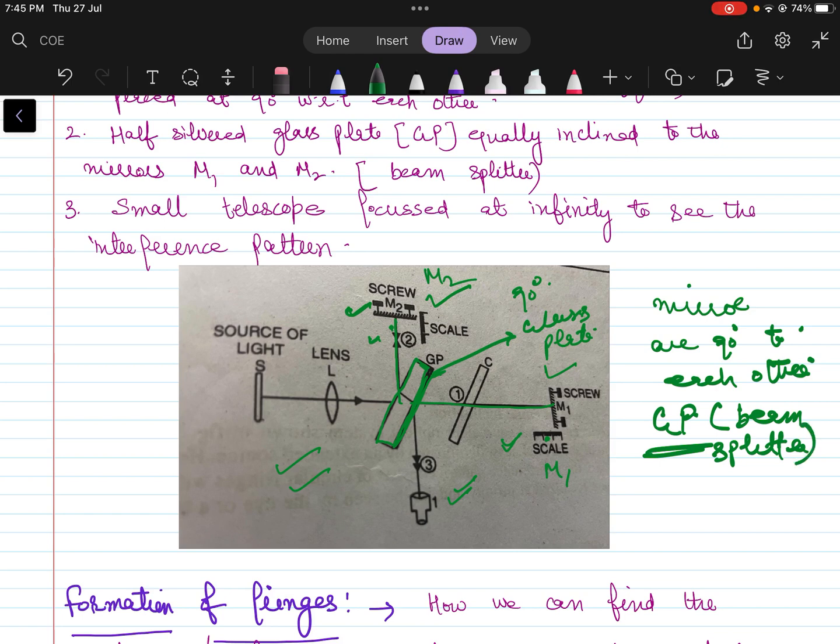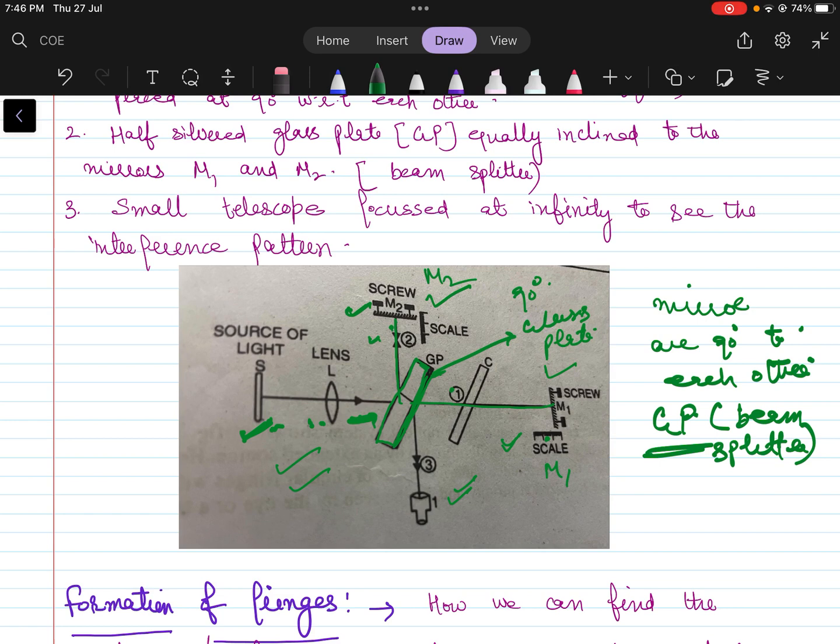The parallel beam of light obtained from the extended source, when incident on this glass plate, is split into two beams of almost equal amplitude due to partial reflection and refraction.